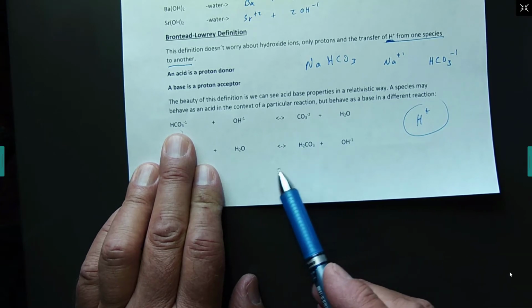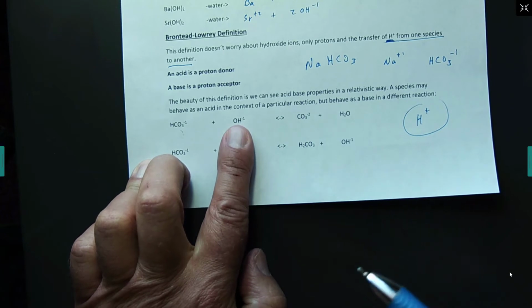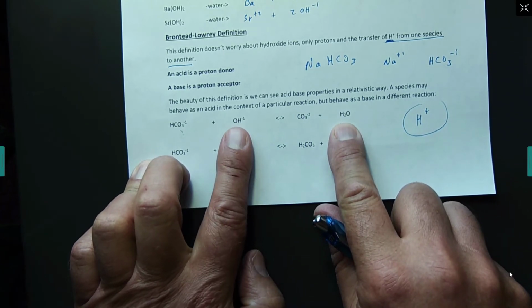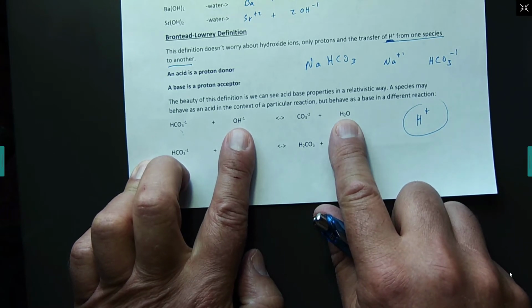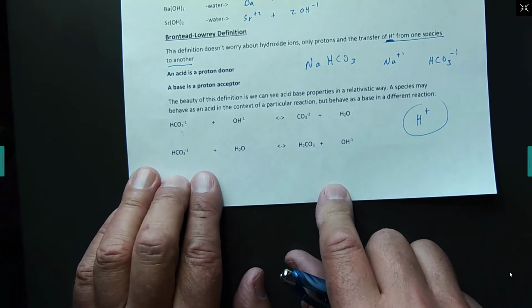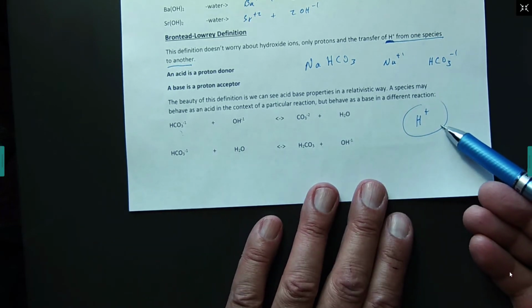Where'd the proton go? Oh, the proton went on to here. If I add the proton to that, it becomes water. The only difference between these two formulas is the difference of one proton.